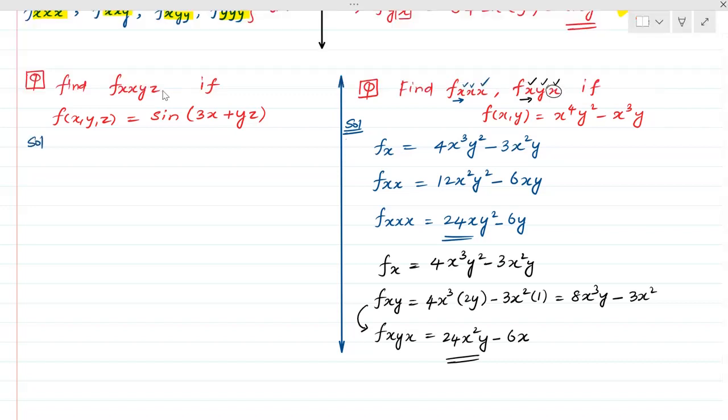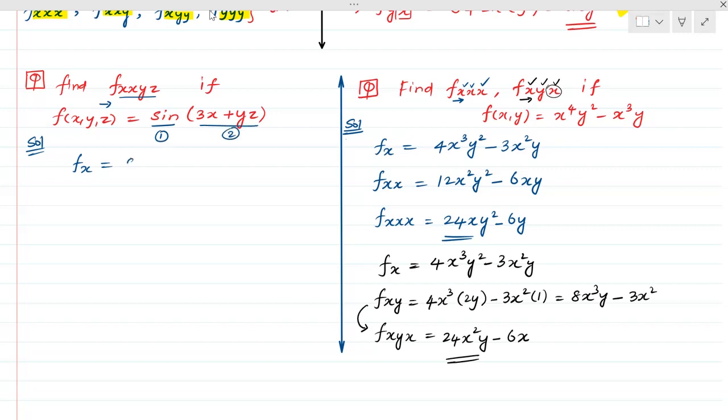Similarly here, it is a fourth order derivative. How will you calculate it? I will go from the left, f_x. What is f_x? Here you have a chain rule. First you differentiate the sine, then you differentiate inside.